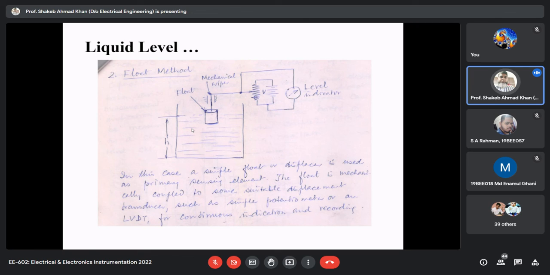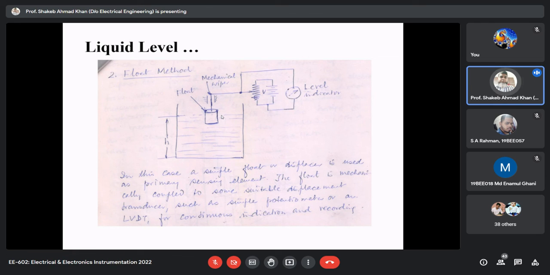So as the density of the liquid changes, this method is not liquid independent. As the liquid changes, your output will change for the same level because of the density.